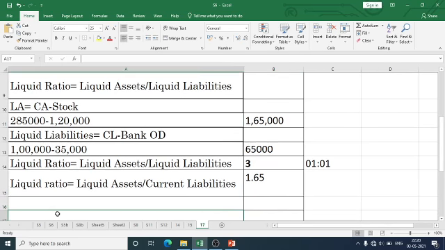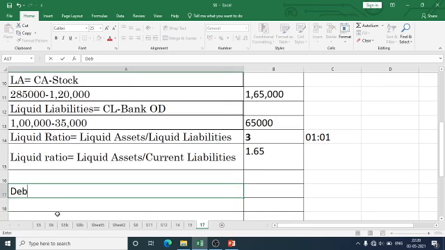Next, the third one is debt equity ratio. Now the formula for debt equity ratio is long term debt upon equity.